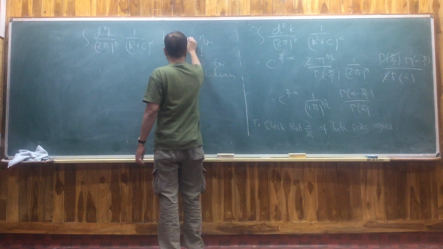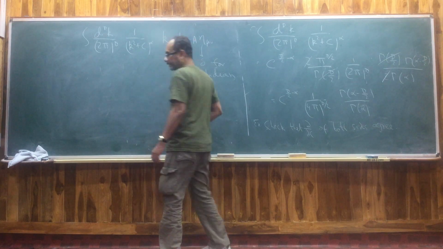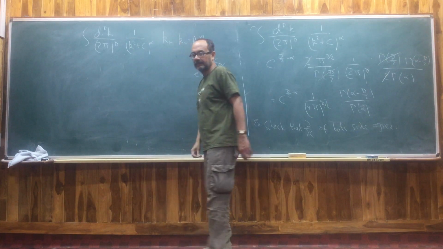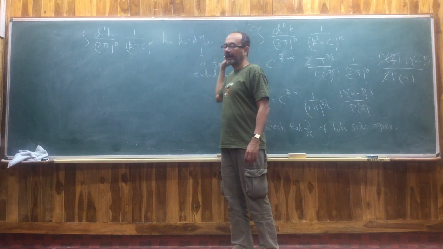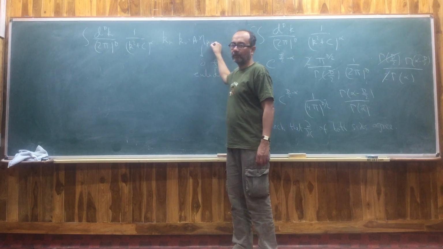So it should be some constant a times η^{μν}. Now you can calculate a by simply multiplying, taking the trace with η_{μν} on both sides.